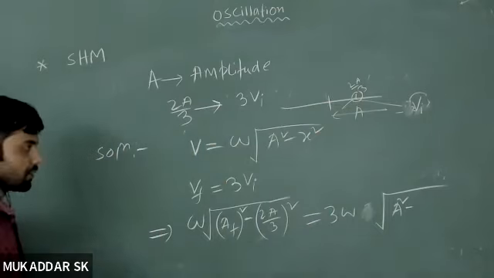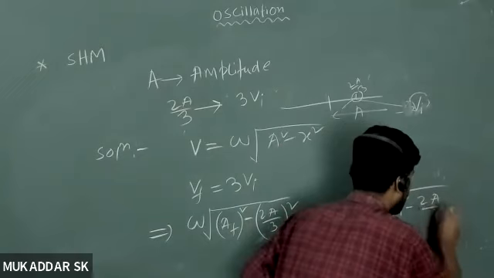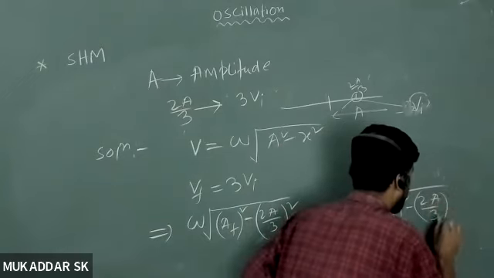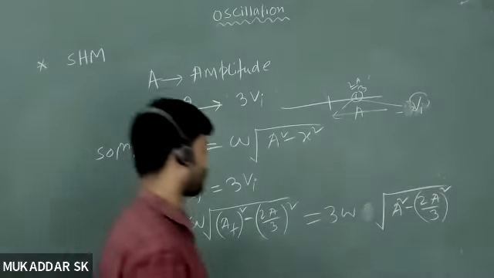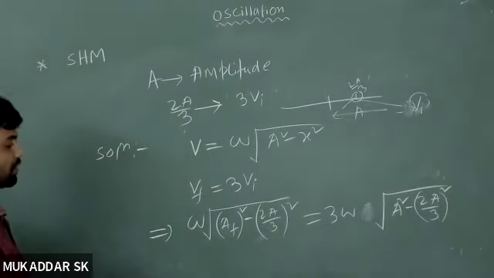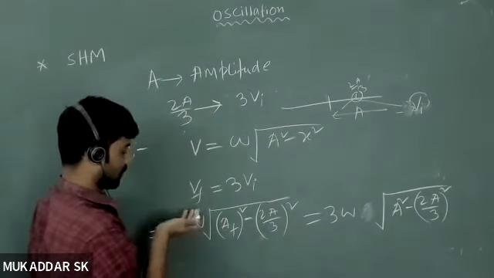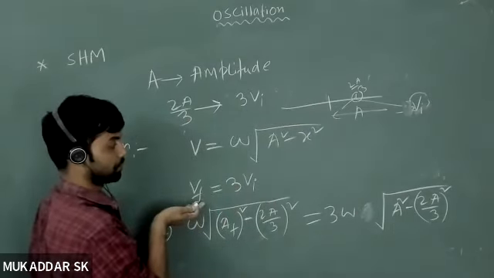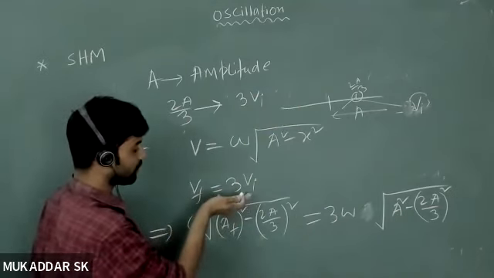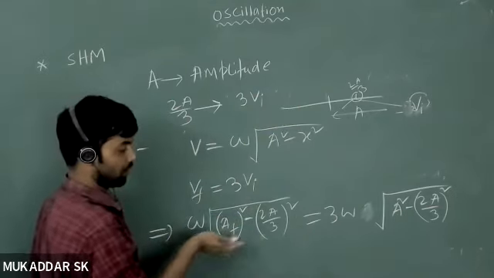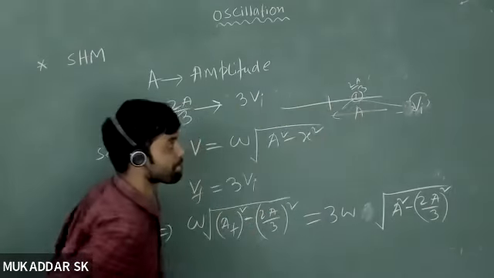So that x will be 2a by 3, because you are actually measuring that velocity at a distance of 2a by 3. But because of the change in amplitude caused by the impulse, you will have a different velocity. So here you are getting 3 vi's velocity, because of the change in amplitude.